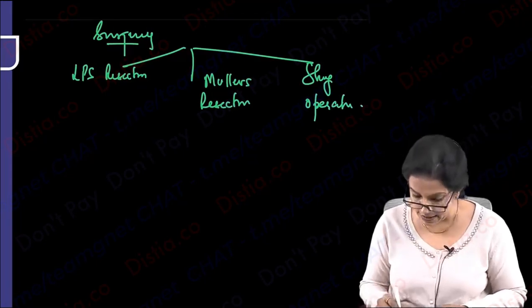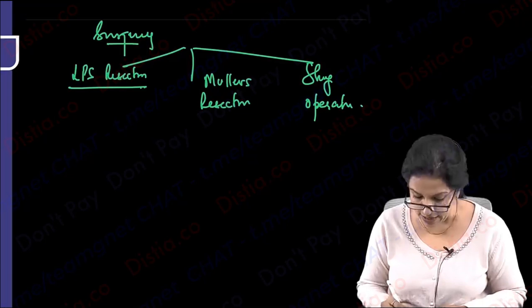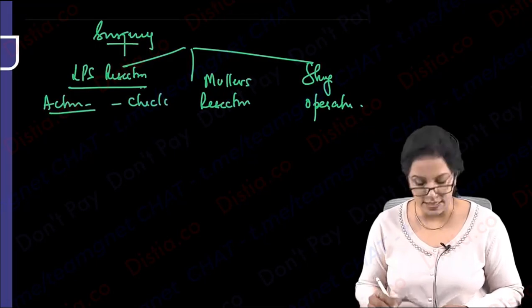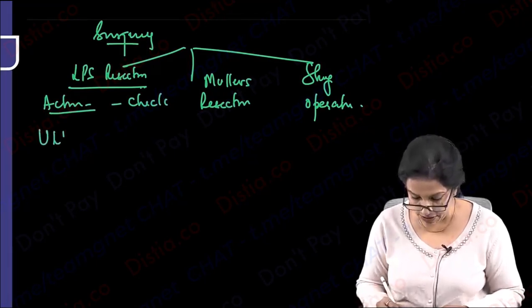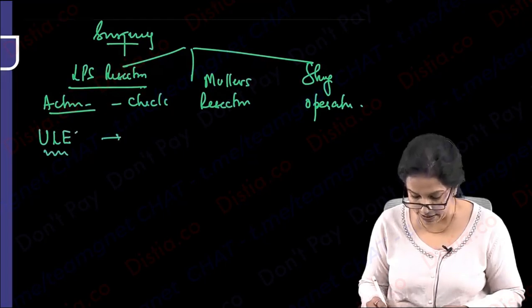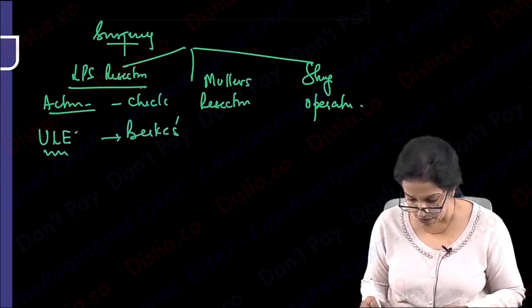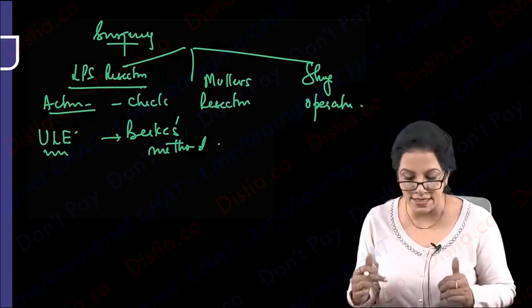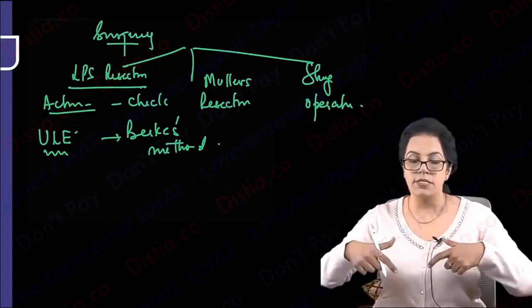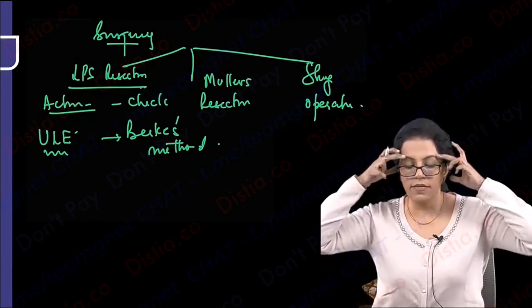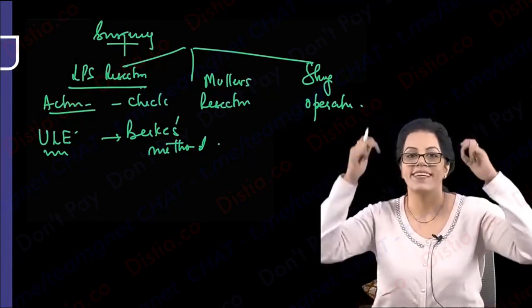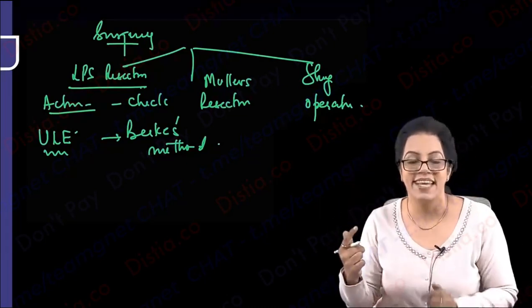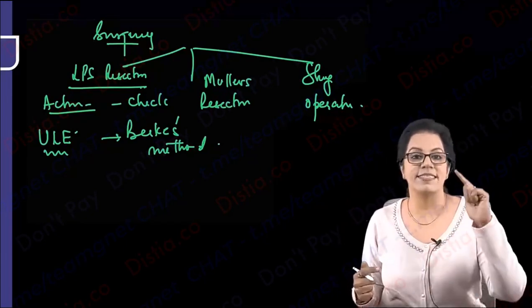Now when I say LPS resection, I first have to check the action of LPS. How to check the action? For that, we measure the upper lid excursion. This is called Berke's method. What is upper lid excursion? You ask the patient to look as far down as possible, block his frontalis, and ask him to look as far up as possible. The distance from his lowest position to the uppermost position is called lid excursion.